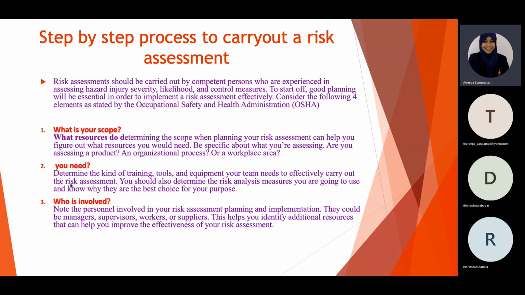You have to call a paramedic, because why? They have that special training. When somebody is having a heart attack, how do you do CPR? How do you do resuscitation? You need to have the training, and only the paramedics will have those special tools to do the CPR, the air machine, the equipment, right? All that.